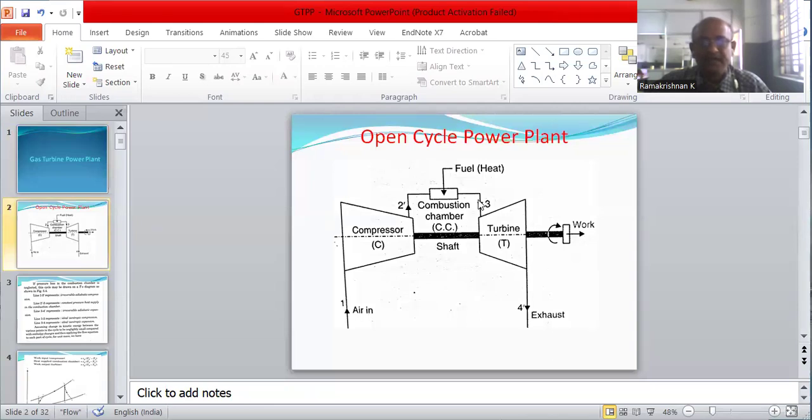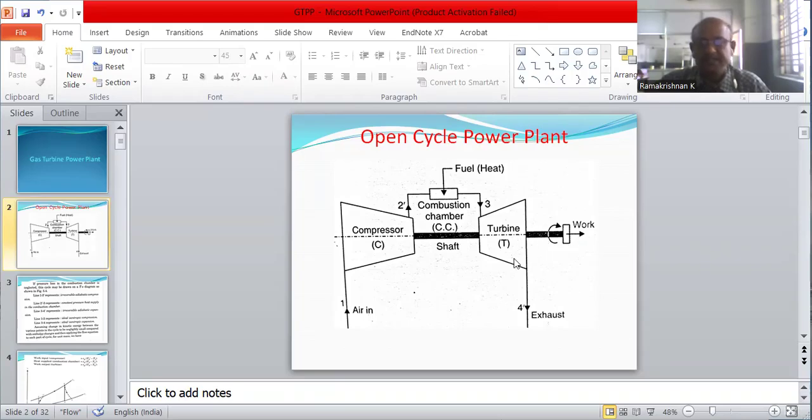The hot gas goes to the turbine, where it expands and the work is extracted. Due to the expansion, the turbine receives energy from the hot gas, so the turbine shaft starts rotation. The rotational energy is utilized to run the generator, so the power is generated.